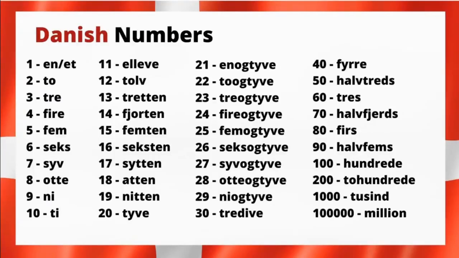En, to, tre, fire, fem, seks, syv, 8, 9, 10, 11, 12, 13, 14, 15, 16, 17, 18, 19, 20, 21, 22, 23, 24, 25, 26, 27, 28, 29, 30, 40, 50, 60, 70, 80, 90, 100, 200, 1000, million. So those are all the numbers for today.